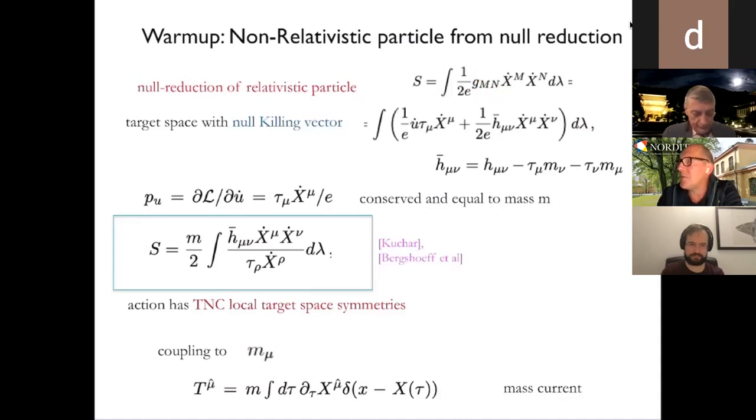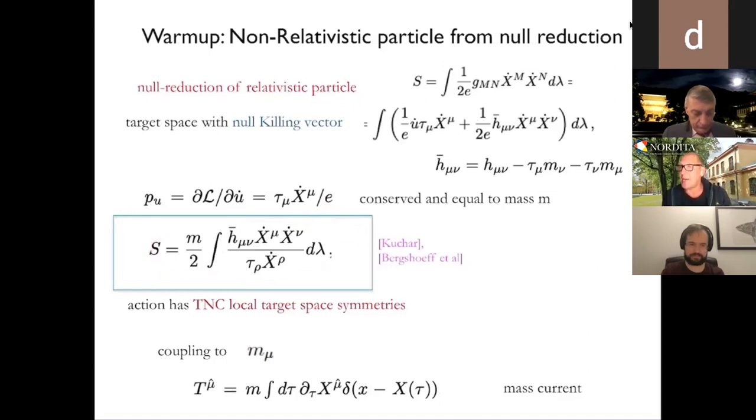There's a natural structure appearing here, H bar, that's built out of H and tau and M. And then you'll find that because we have an isometry in the U direction, the momentum in the U direction is conserved. So it should be a constant, and it will actually get the interpretation of the mass of the non-relativistic particle. So you can use this to eliminate E, and out comes this action.